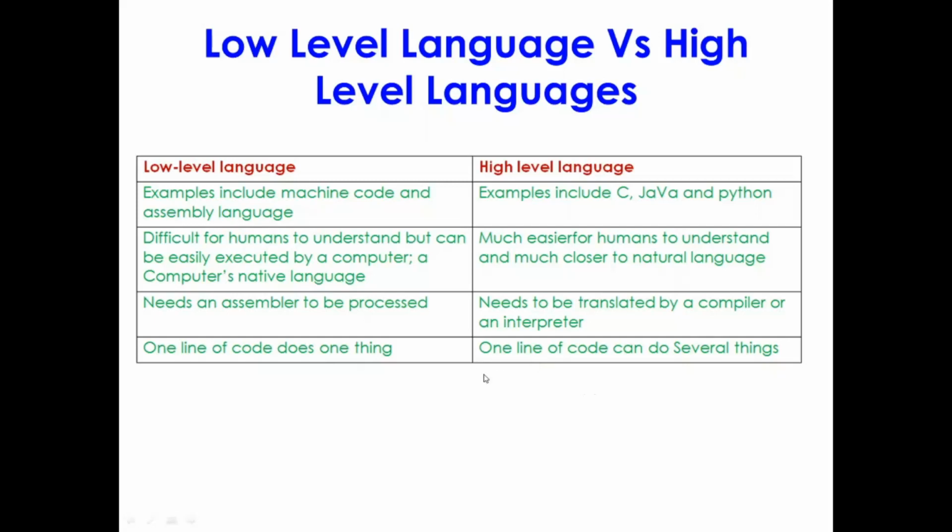You will learn it better when we will be writing programs in Python, and I'm waiting for all of you to be ready. When all of you are ready with your computers or laptops, then we will start the programming language as well.